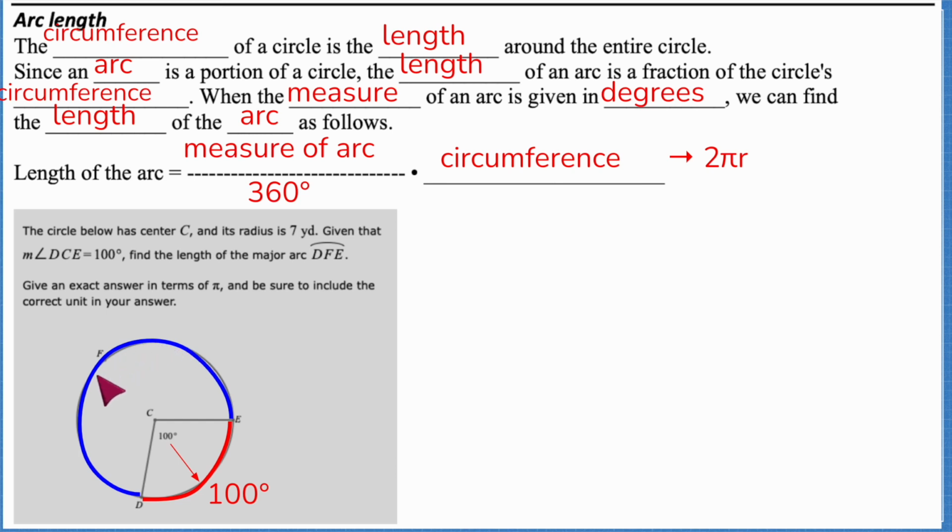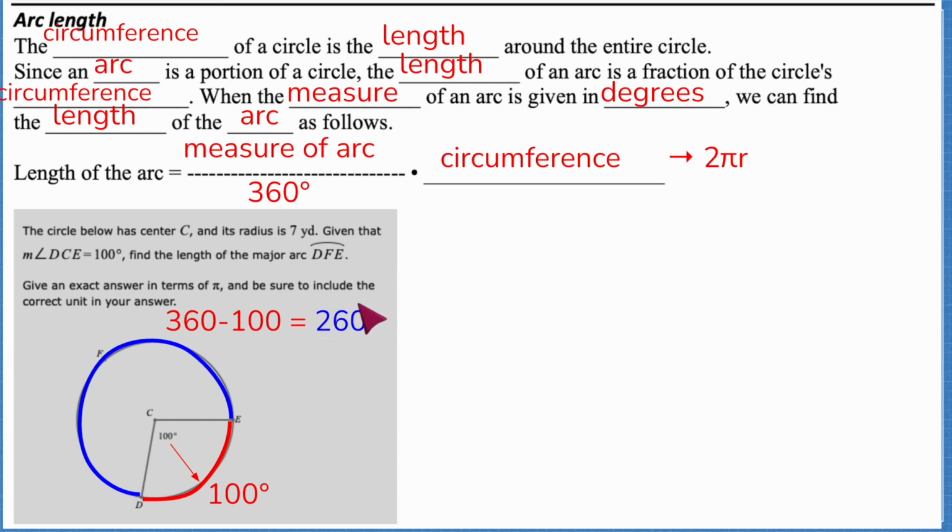Now if I want to know what the other arc is, I just need to know what's left over of the 360 degrees. If I subtract the 100 from the 360, I'll see that this arc is 260 degrees, which is the same as this angle here. This is a 260 degree angle on the back side here. It's all 260 degrees.